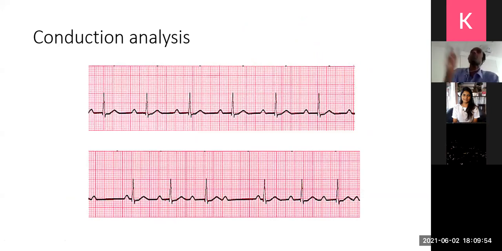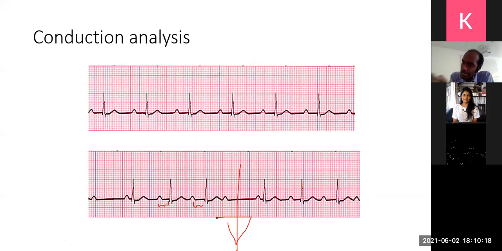There are three types of second degree blocks. Number one, the PR interval progressively increases before the missed beat. That's called Mobitz type 1 second degree block.